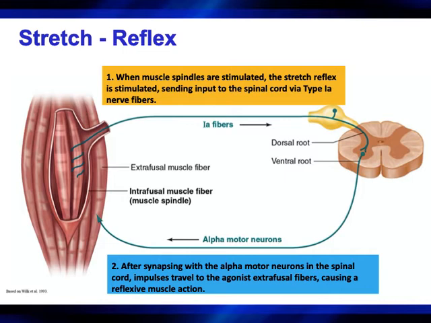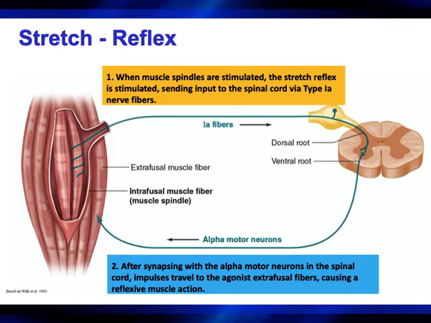So ultimately, we have these two proposed models. We have the mechanical model, where we have the SEC and the PEC creating elastic energy, which is used if it's followed by a concentric contraction to increase muscle force. And we also have the neurophysiological model, which is more about the stretch reflex. Ultimately, I think it's a combination of the two models that create the maximum force that we see as a result of a pre-stretch.